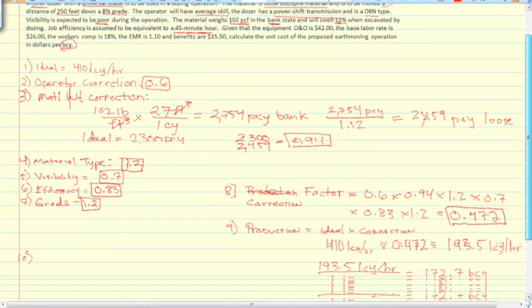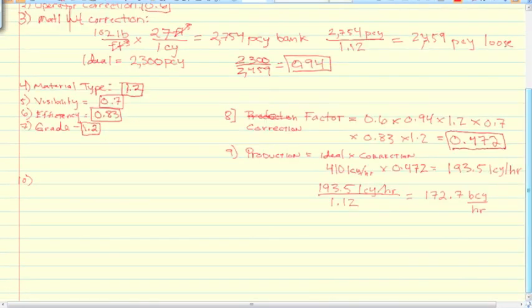So if you remember, our equation for cost here was equal to the owning and operation of the equipment. It's a pretty easy one. That's 42, just given. And then labor, which we actually have to work out.